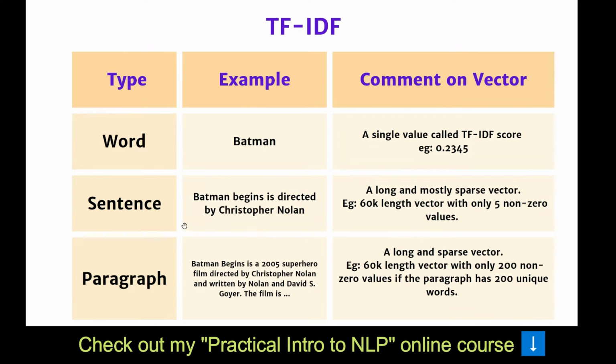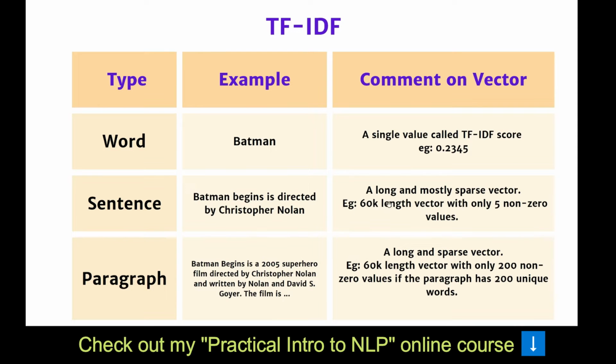When it comes to a sentence, let's take a sentence like Batman Begins is directed by Christopher Nolan. Again, this is represented with a long vector, because we take the whole corpus, and however many words we have in the corpus, those are the columns or the features.